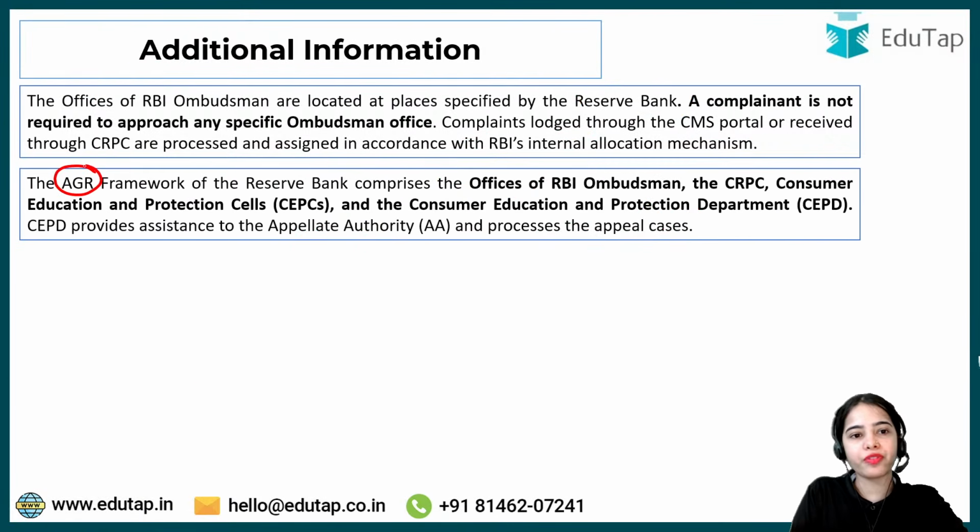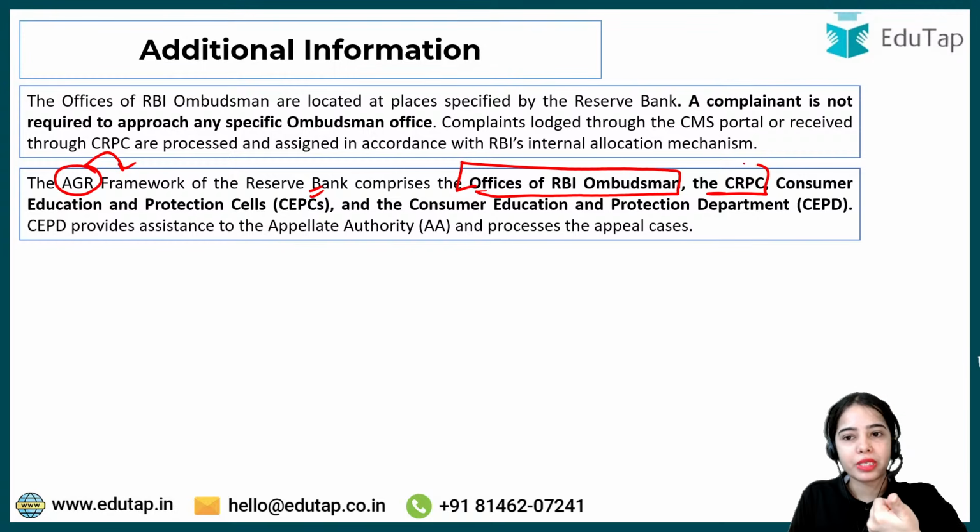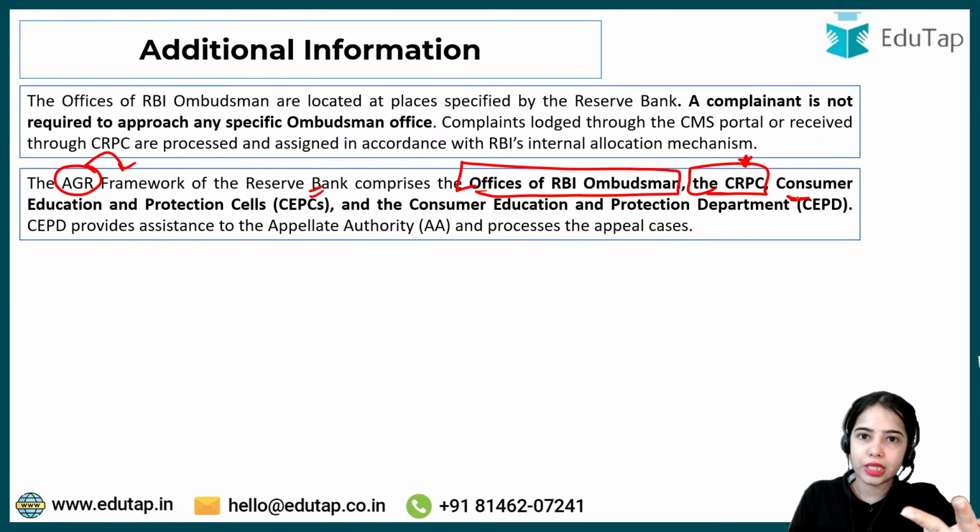The alternative grievance redressal framework of the Reserve Bank. This is very important: the alternative grievance redressal mechanism of RBI comprises the offices of the RBI Ombudsman, the CRPC, that is the Centralized Receipt and Processing Center established in Chandigarh, the Consumer Education and Protection Cells, and the Consumer Education and Protection Department.